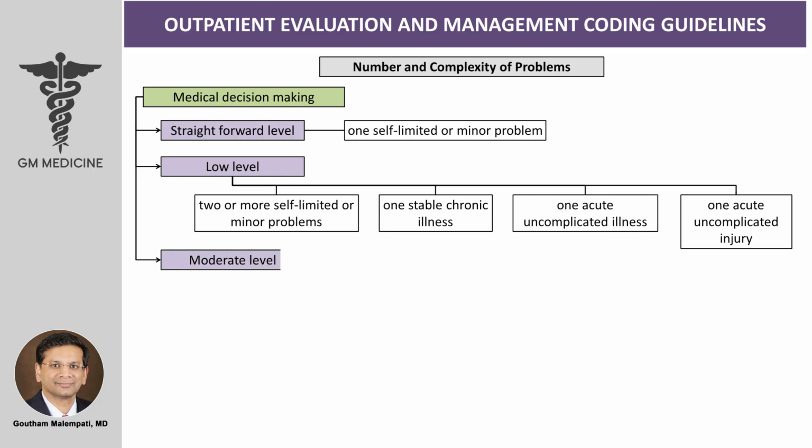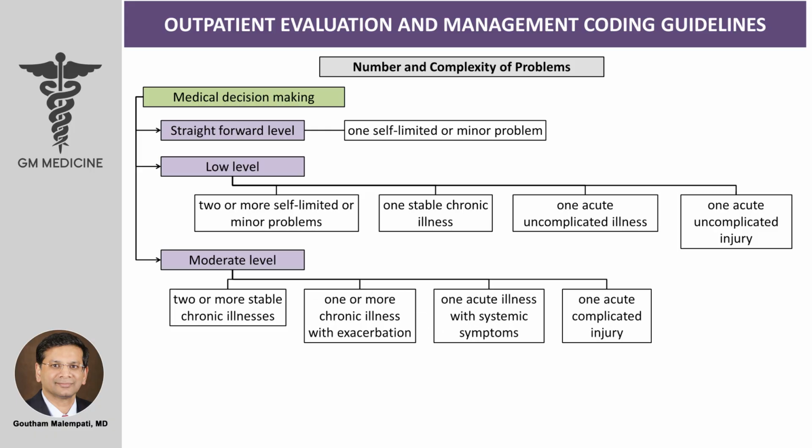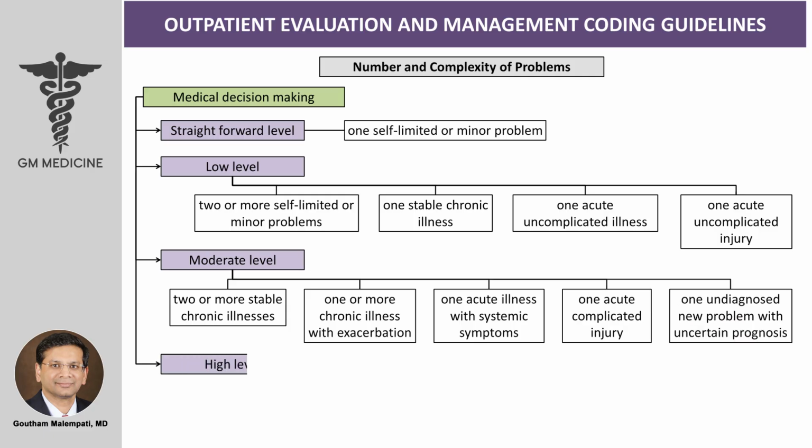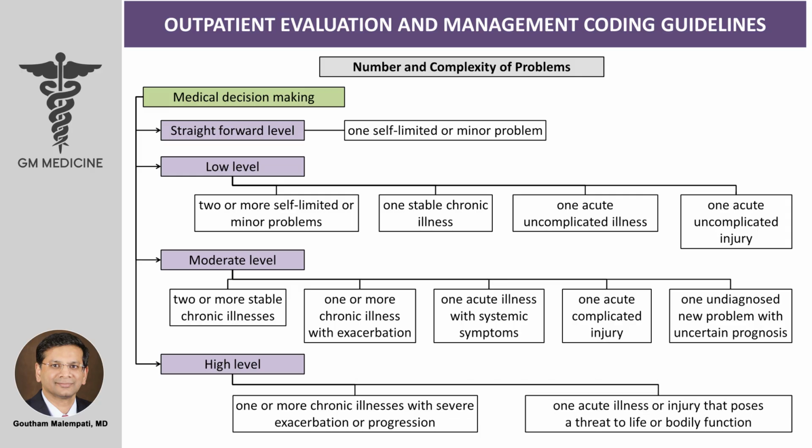For moderate level of medical decision making, 2 or more stable chronic illnesses, or 1 or more chronic illness with exacerbation, or 1 acute illness with systemic symptoms, or 1 acute complicated injury, or 1 undiagnosed new problem with uncertain prognosis. For high level of medical decision making, 1 or more chronic illnesses with severe exacerbation or progression, or 1 acute illness or injury that poses a threat to life or bodily function.